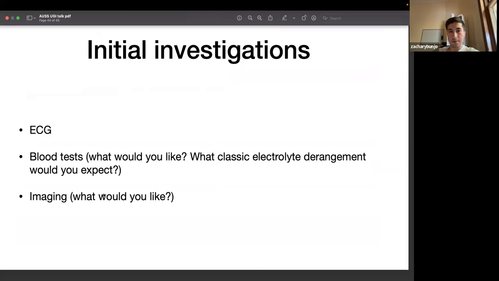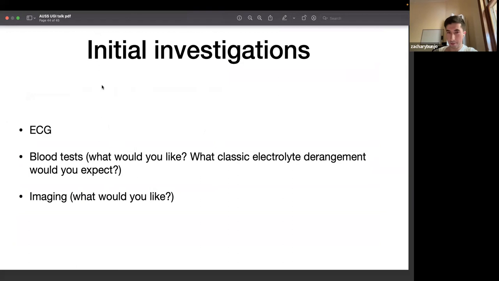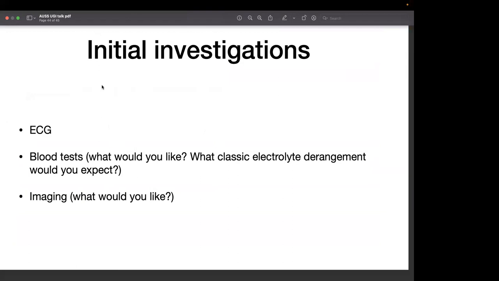So in terms of some of the initial investigations, an ECG. Someone mentioned obviously MI being a differential. Why else might you want to do an ECG in this patient? Rule out an MI. Yeah, rule out an MI. Why else? Vomiting can cause hypokalemia, which can cause ECG changes.